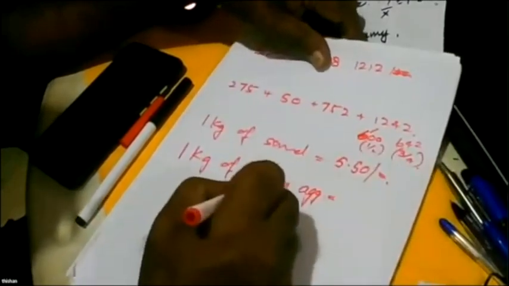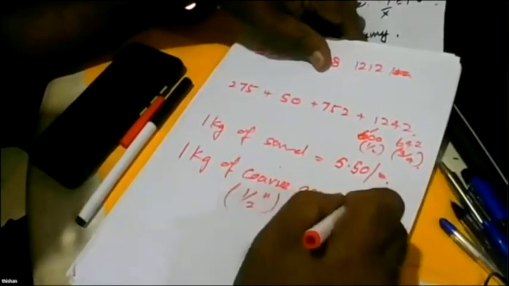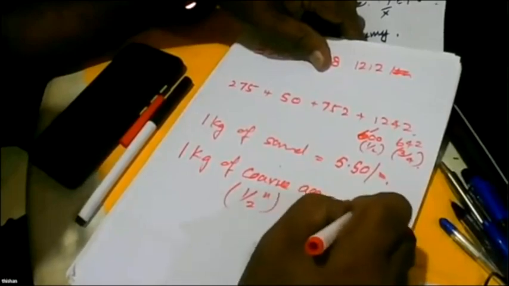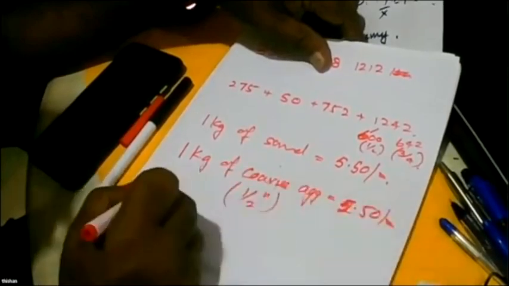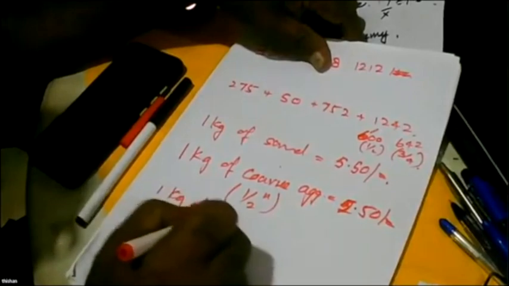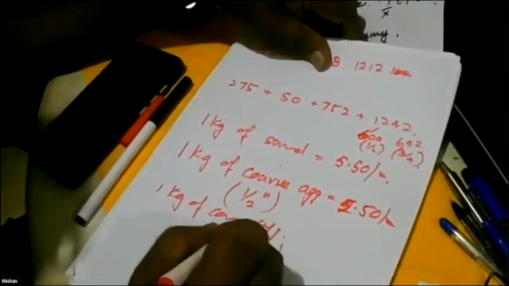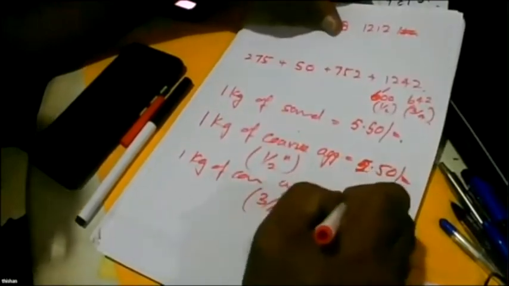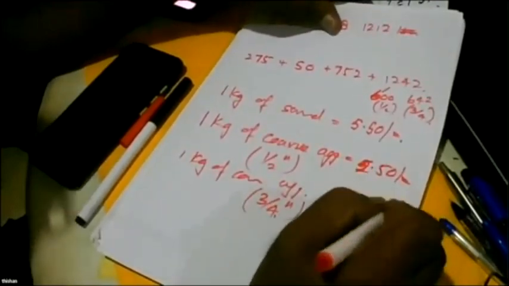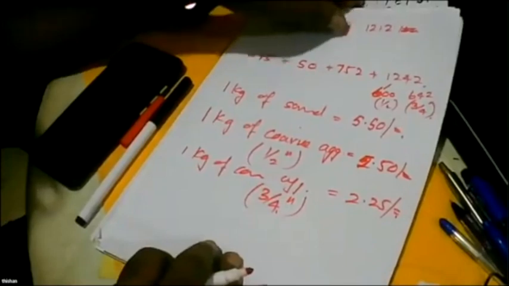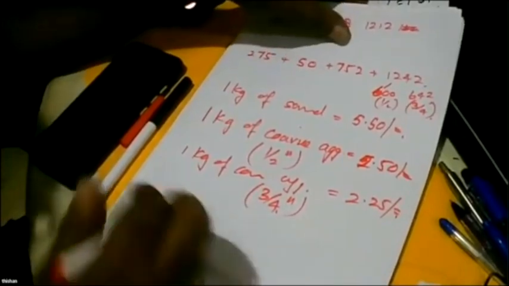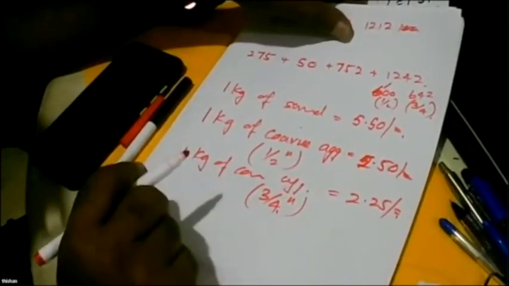So the half-inch aggregate is 250 per 1 kilogram of coarse aggregate. The 3/4 inch, what is the price? 225. And then sand, all are available.